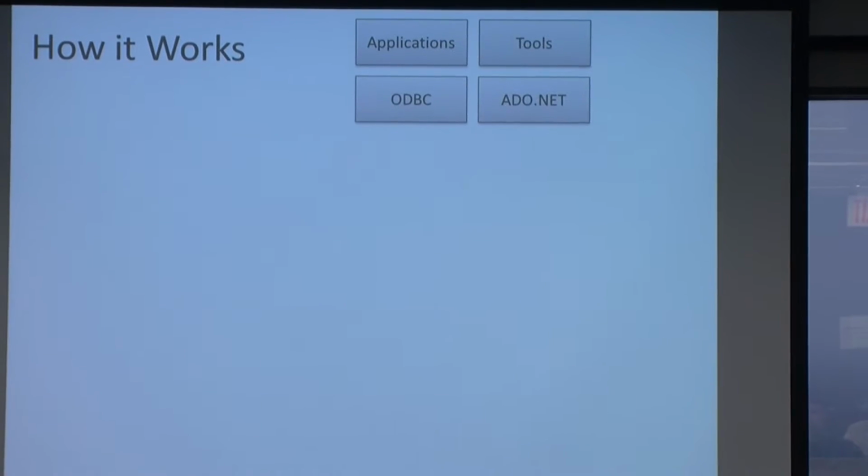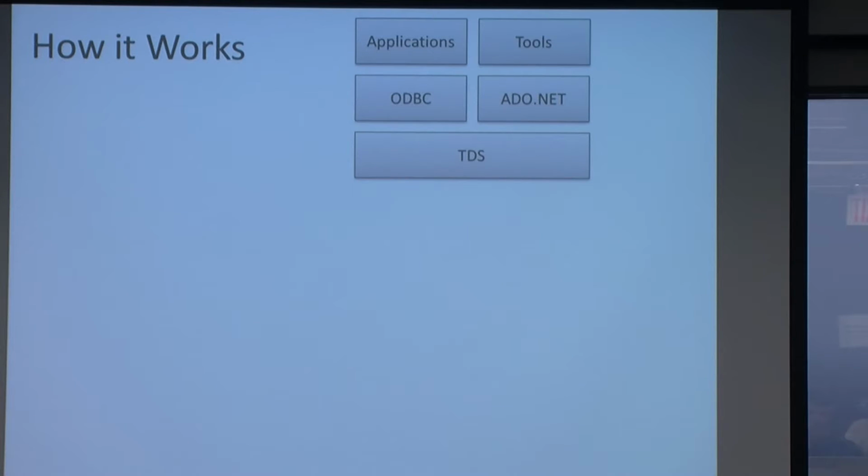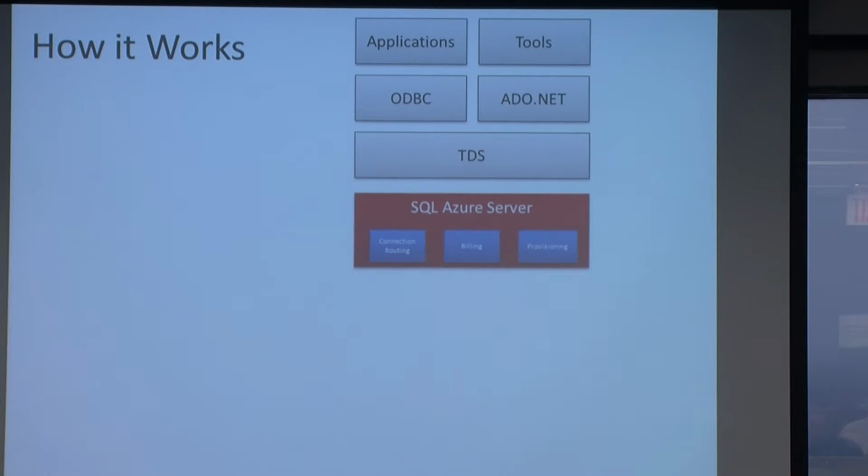So how does it work? Your application and tools usually use some kind of library, ODBC or ADO.NET, and they talk using TDS. TDS, the tabular data stream, is the protocol that SQL Server uses over the wire. So that endpoint that I showed, that vertical line, is the SQL Azure server.